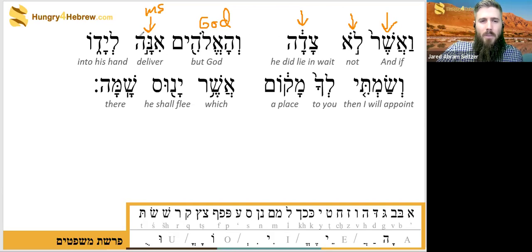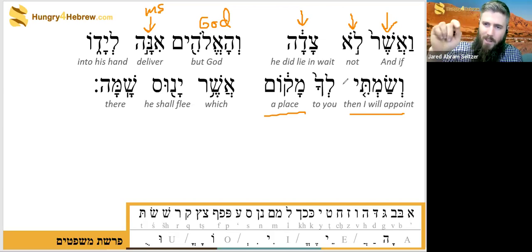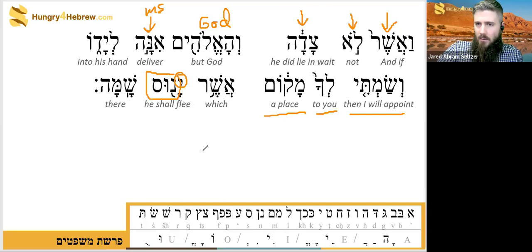All right, so the idea here is that he will have a place that he can flee to. God saying, I will appoint v'samti, I will put, I will place, I will appoint lecha, for you, makom, a place. What about it? Asher yanus shama, that he shall or will be able to flee, yanus shama, to there, a safe haven, a refuge city.